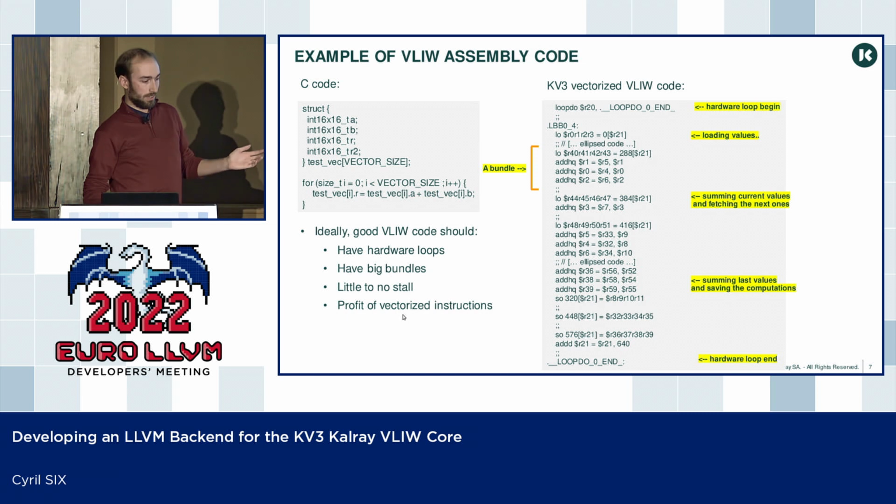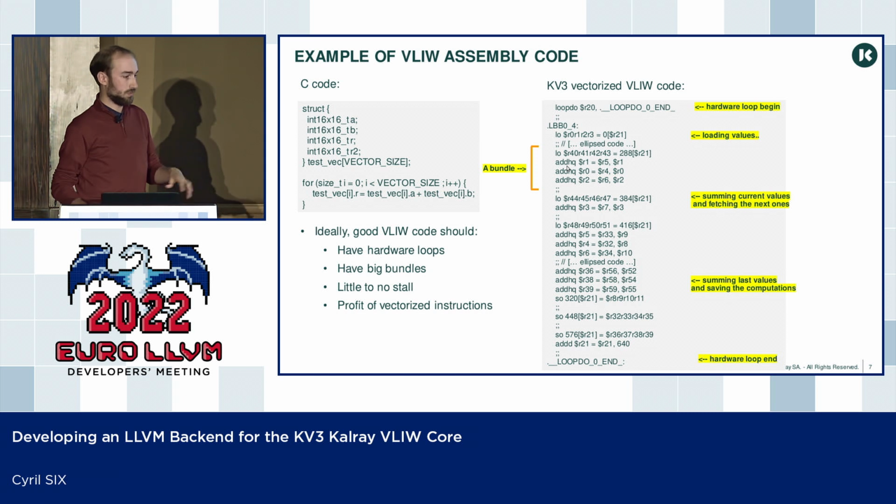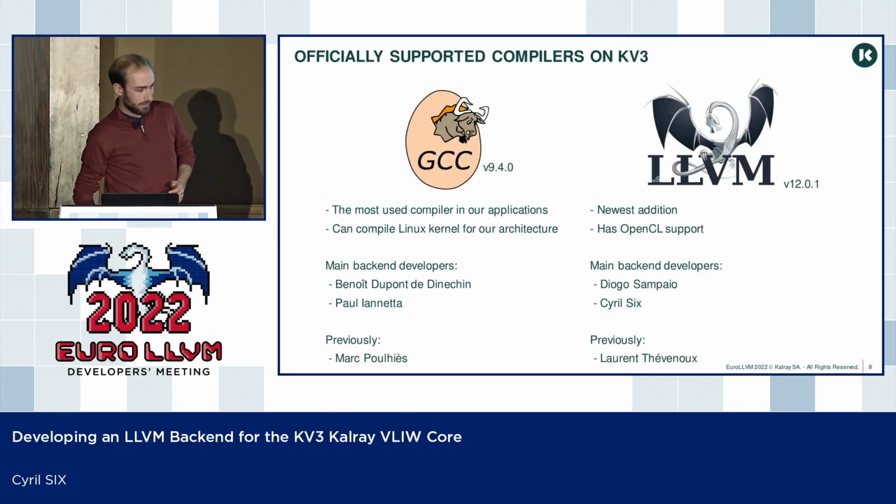And we want to profit from vectorized instructions, which is the case here. As you can see, we are loading 4 registers at the same time, so this is a 256 bits load. And here we are doing an addition on 4 integers of 16 bits at the same time. So that's what we want our compiler to generate in the ideal case.